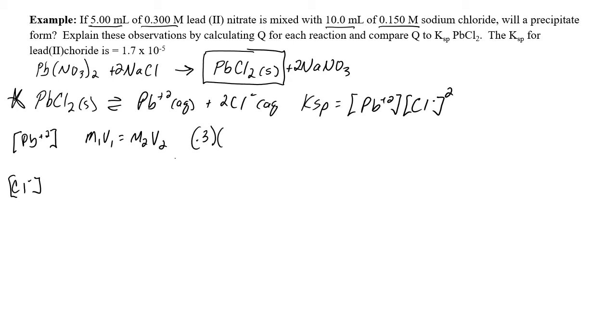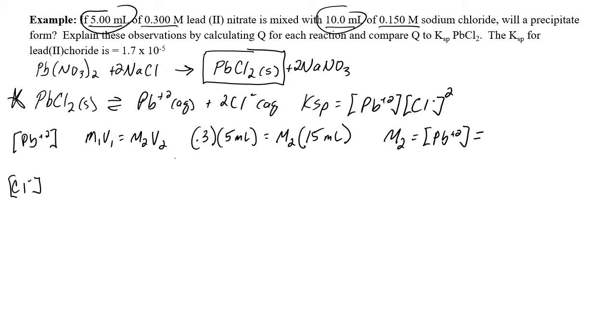We had 5 mL. We need the new concentration, with our total volume of 15 mL, because I added 5 plus 10. M2, which equals your lead concentration, is equal to 0.1 molar.